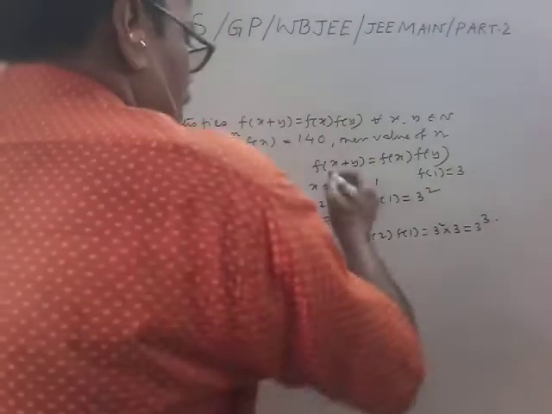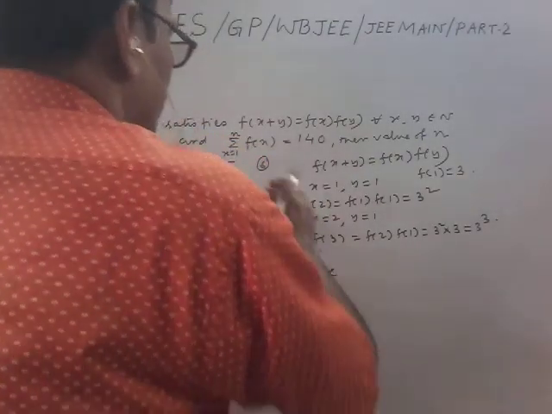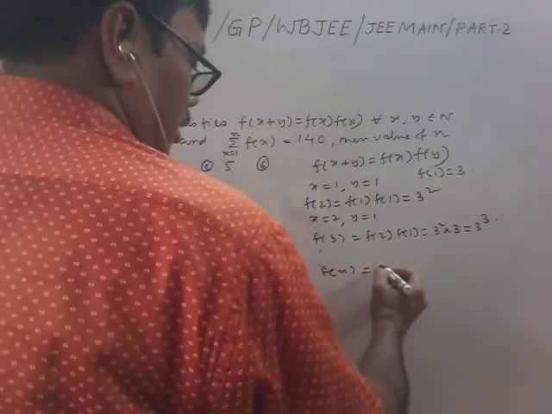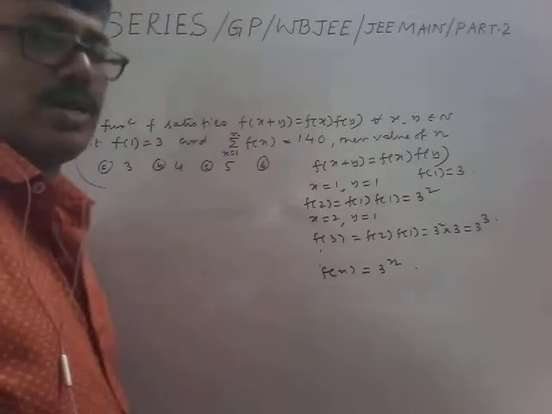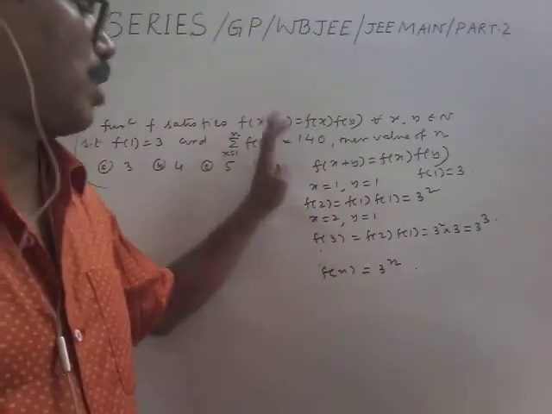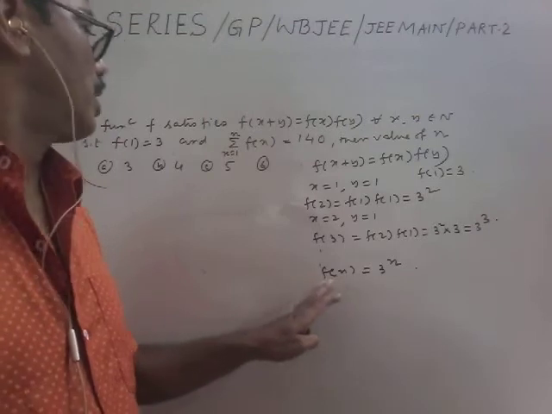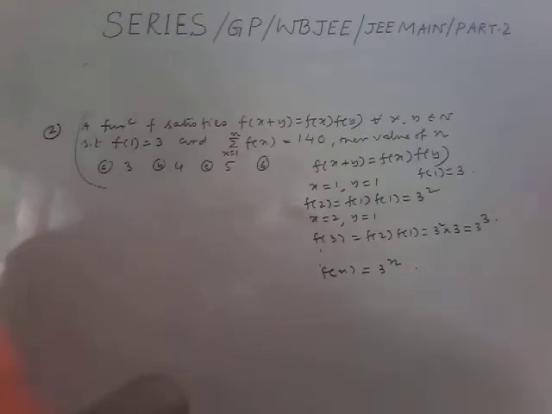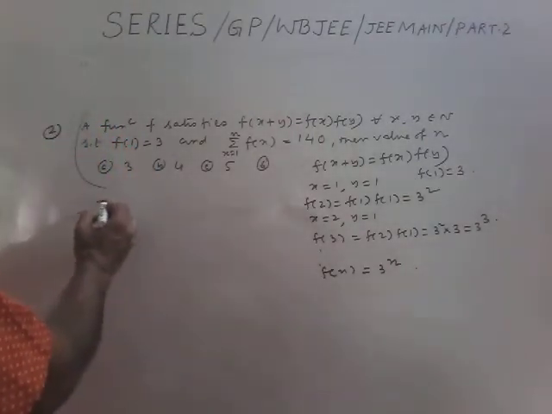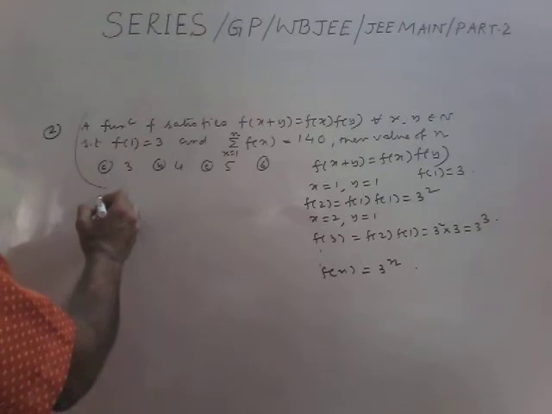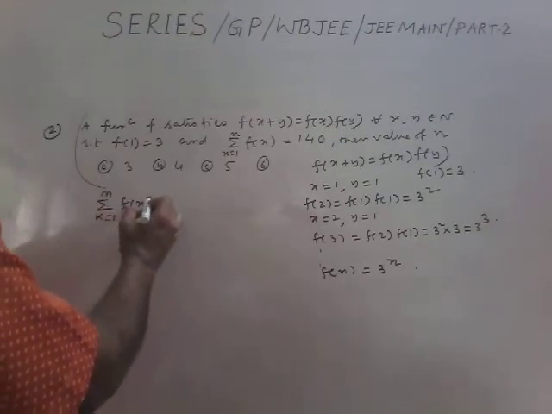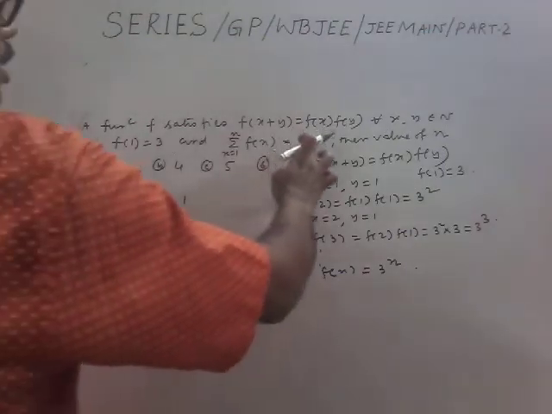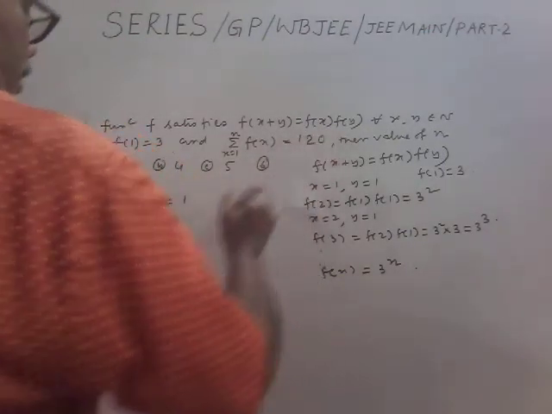So similarly, using the induction method, what is fn? fn equals 3 to the power n. So from the functional relation we have proved fn equals 3 to the power n, or fx as you please. Now it is given that the sum of fx for x equals 1 to n is 120.